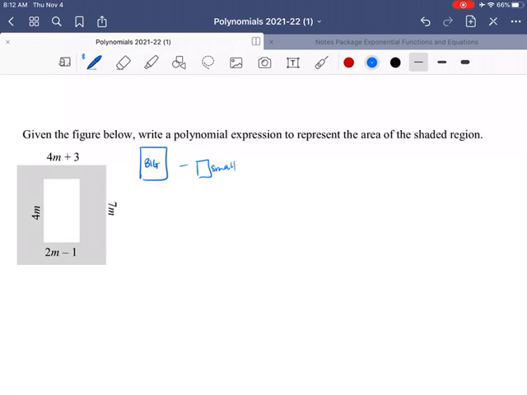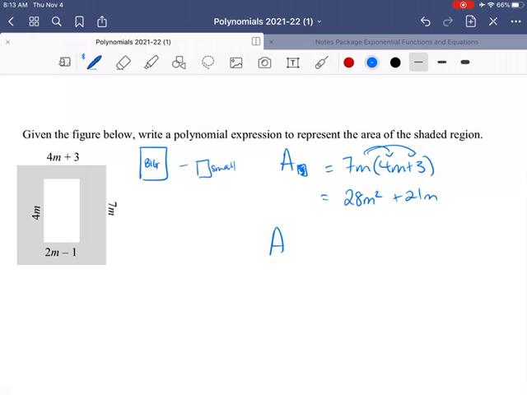So first off, the area of the big rectangle is going to be 7m multiplied by 4m plus 3. So if you distribute here, we're going to get 28m squared and positive 21m.